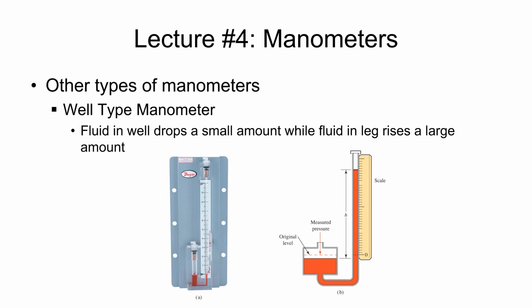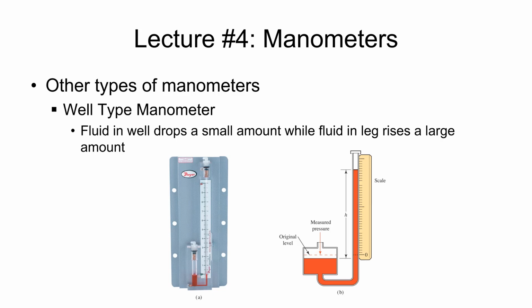So in the industry, there's more than just U-tube type manometers that we may use. There's also well type manometers, where we have a well of fluid, and then the fluid goes into a tube that goes up along a scale, so we can measure a rise in pressure along the scale by applying a pressure to that reservoir.